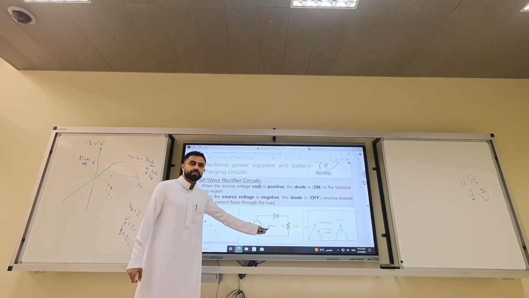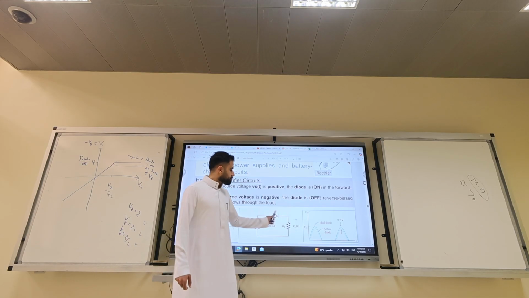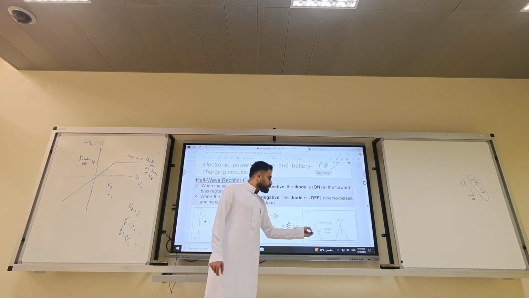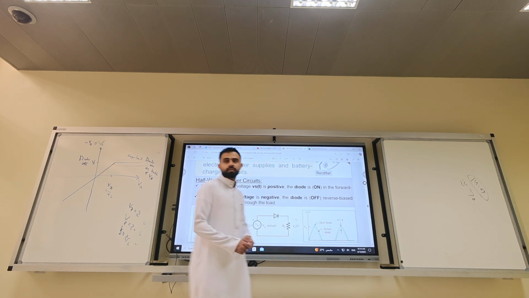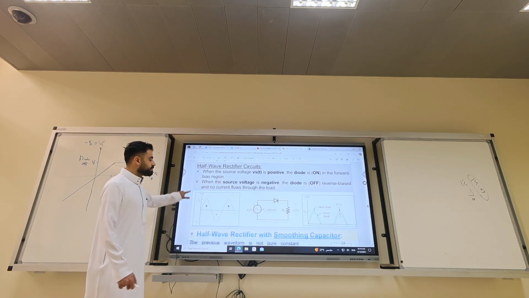The diode will be on and it will be like a short circuit, so the output matches the input. If you use the 0.7 model, the voltage will be slightly dropped by 0.7. For simplicity, let's pretend it's just an ideal diode, okay?